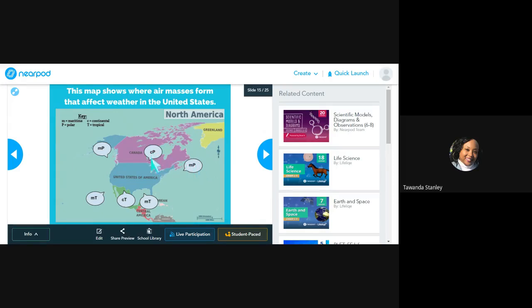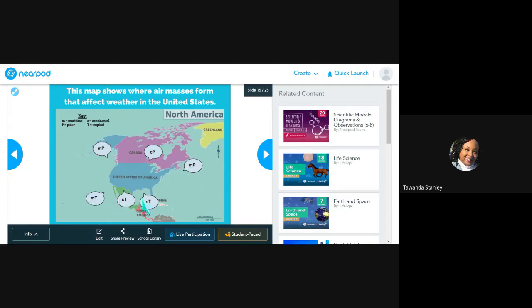This is going to be CP because it is on land. This says continental polar because this particular bubble is on land. And then this bubble here is going to be MP, maritime polar, because this particular air mass is forming over water.